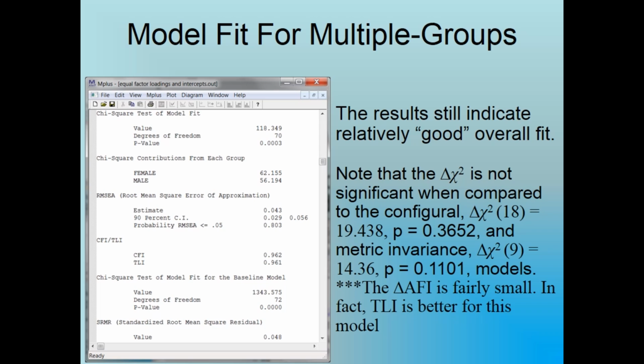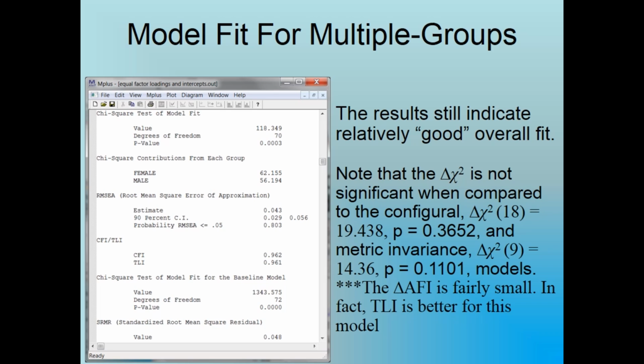What you can also do, if you'd like, though, is test whether your model where you have the factor loadings and intercepts invariant, you can compare that back to the model where only your factor loadings are invariant.